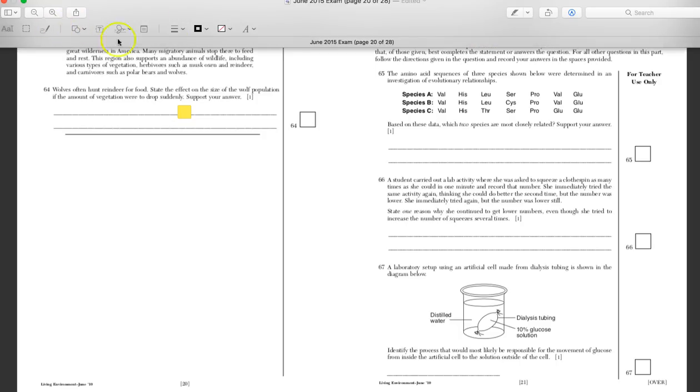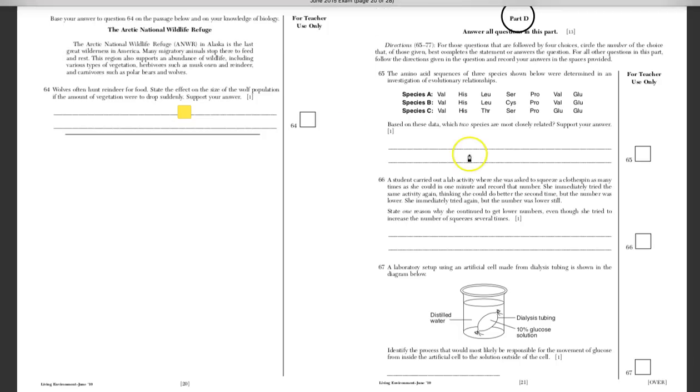Okay, so for number 65, I'm going to do exactly what I did in my last video: I just read the questions and broke down the answers. For number 65, the amino acid sequences of 3 species shown below were determined in an investigation of evolutionary relationships.